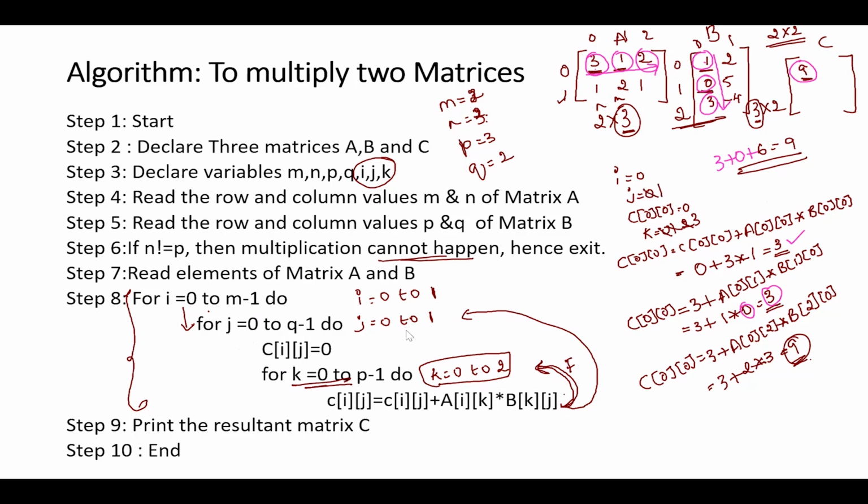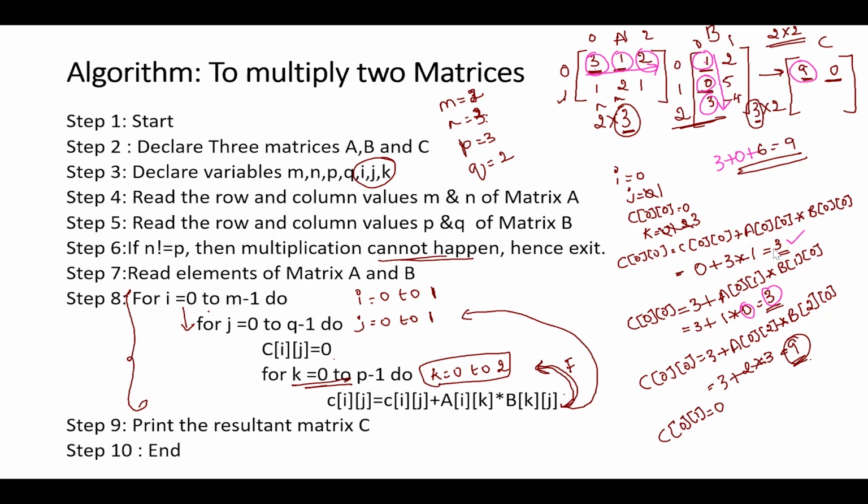So as soon as the j value becomes incremented to 1, once again we will get inside this, we will initialize C of I, the value is still 0, j is 1, and I'm going to initialize it to 0, which means 0th row, first column. 0th row, first column is nothing but this one. So which means now we are going to calculate this value.